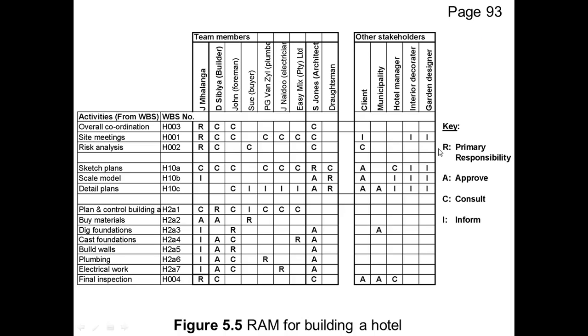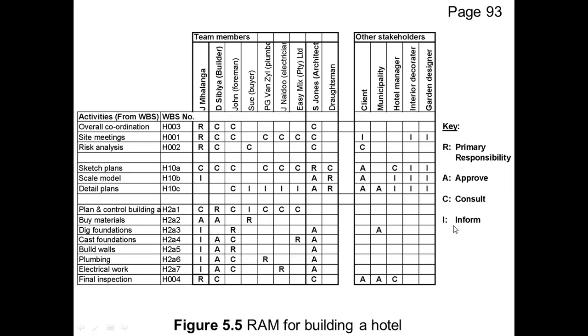Another important thing is when we draw up a responsibility allocation matrix, we always have a key. Now, in various books on project management, they use various keys, but in this course, the key that we are going to use is the RACI key. R stands for primary responsible, A stands for approve, C stands for consult, and I stands for inform.